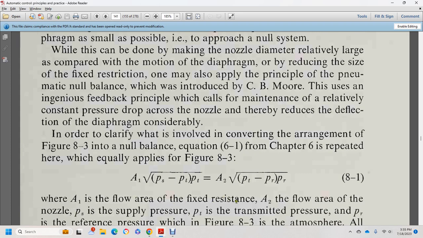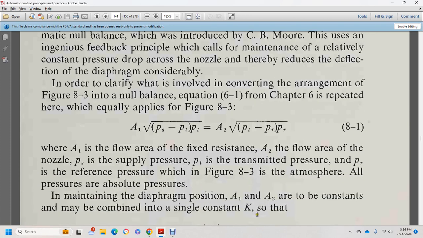Equation 8.1: the flow restricted is the flow area times the square root of the supply pressure minus the transmitted pressure times the transmitted pressure, equal to the flow area restricted times the square root of the transmitted pressure minus the reference pressure times the reference pressure.